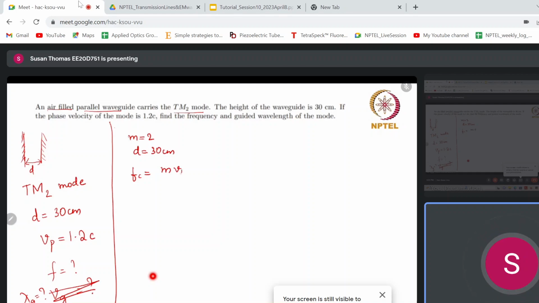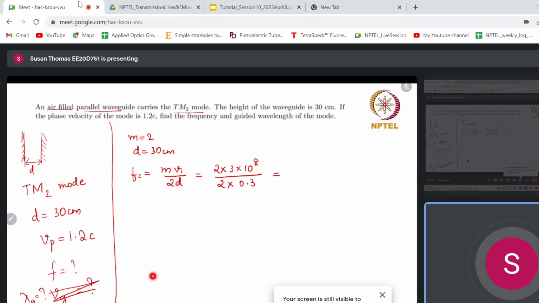m v1 by 2d. So m is 2, and v1 is the speed, because it's air filled, we can say it is 3 into 10 power 8, divided by 2 into the plate separation d, which is 30 centimeters. Let me make it meters: 0.3 meters.